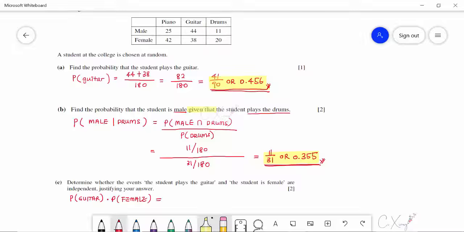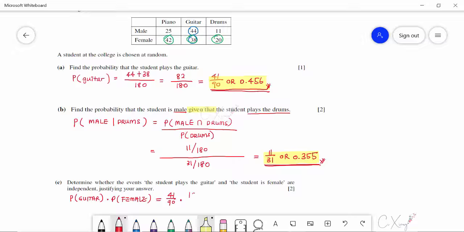For the guitar part, guitar means overall in guitar, so it should be 44 plus 38, and the answer you got just now in part 1 is 41 over 90, multiplied with the female probability. For the female probability, you should add all the female numbers together, so you should get 100 of them.